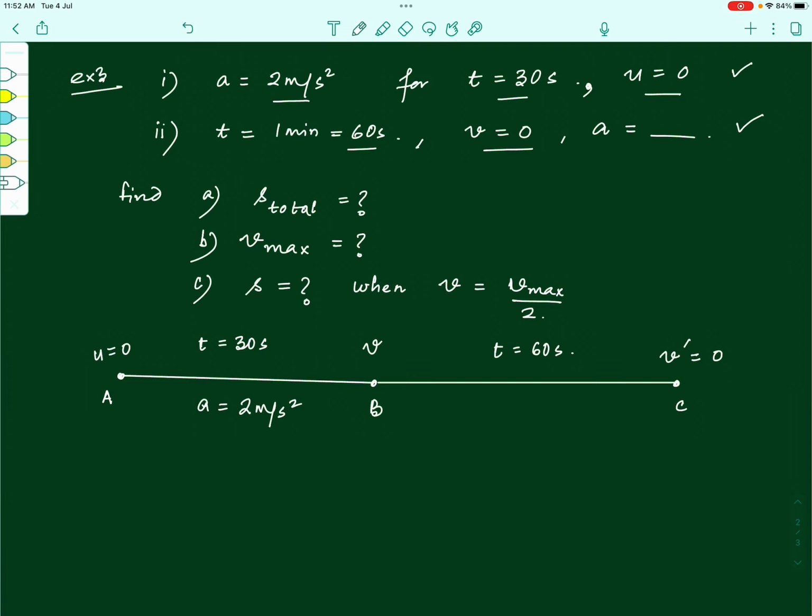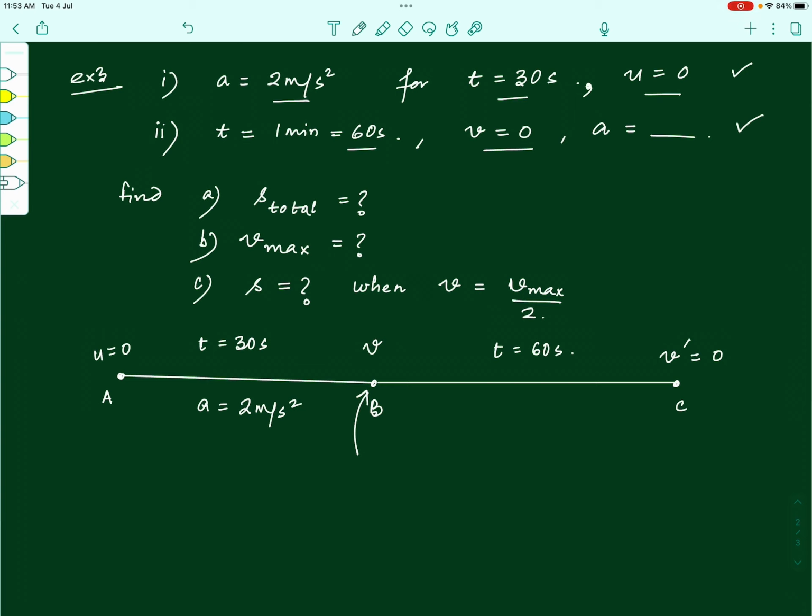Now observe that when we talk about the maximum velocity of the train, where will its speed be maximum? Do you all understand that it will be maximum right here at the point B? Because till the train reached the point B, it was accelerating. Continuously its speed was increasing. And once it reached B, after that it started slowing down.